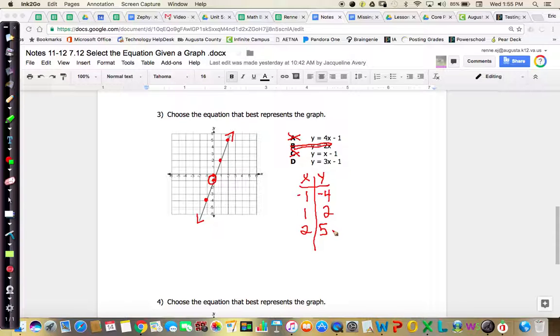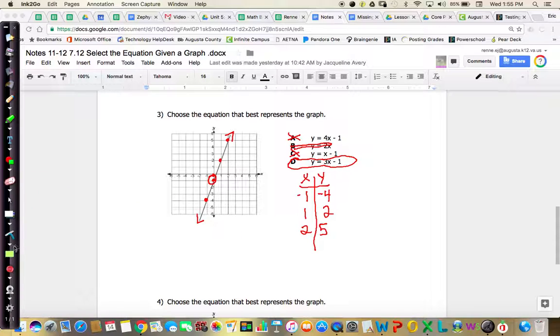Minus 1 is 5. So they all work, so circle choice D. And just another reminder, read the line like a book, and it is sloping up. So we know that the number in front of the x should be positive. Okay? So that's just something to keep in mind.